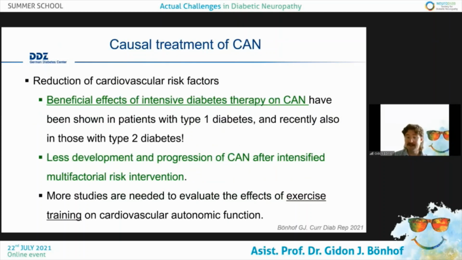There are recent studies that causal treatment or intensive diabetes therapy helps not only patients with type 1, but also type 2 diabetes. There's recent evidence available, and you have less development or progression of autonomic neuropathy when you reduce risk factors.